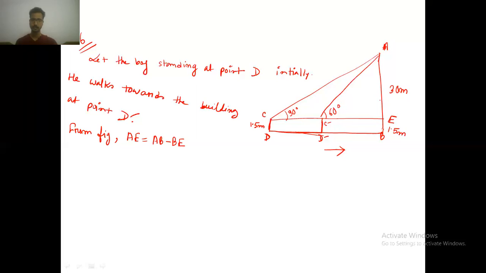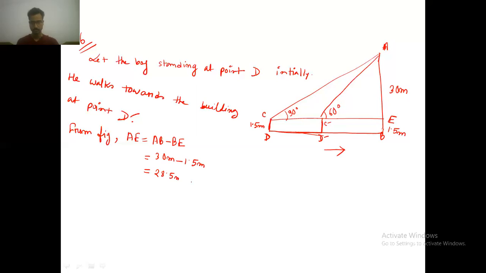And we know that the length of AB is given. That means AB is the height of the building, and the height of the building is given in the question itself, 30 meter. So you can find AE, and BE is equal to CD, 1.5 meter. So we can write AB as 30 meter and BE as 1.5 meter. So when you subtract, your answer will be 28.5 meter.